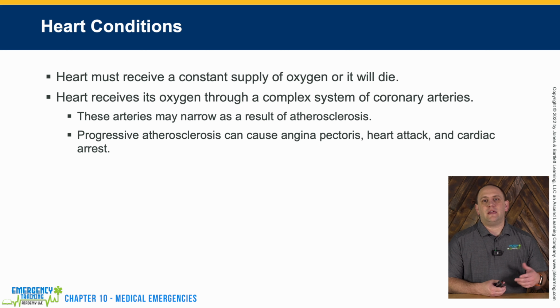Those arteries can end up narrowing because of atherosclerosis. And if they continually narrow, then we could end up with angina, or it could progress into heart attack or cardiac arrest.